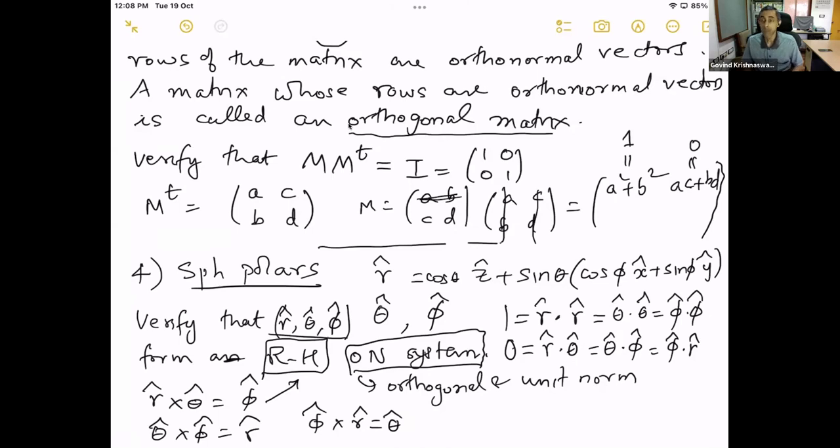Yes, please, Shubham Kumar. So for checking orthogonality, we could also do r dot theta cross phi and show that it's 1 after checking that they are unit vectors. Yes. After checking the unit vectors, you want to compute the scalar triple product, is it? Yes, sir.